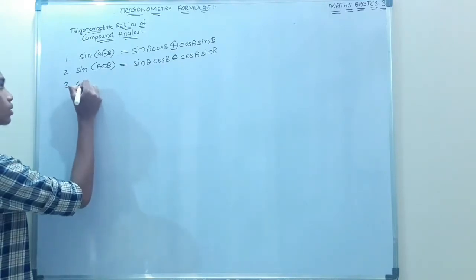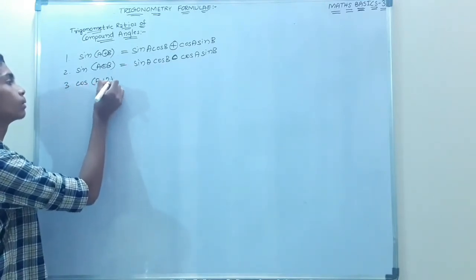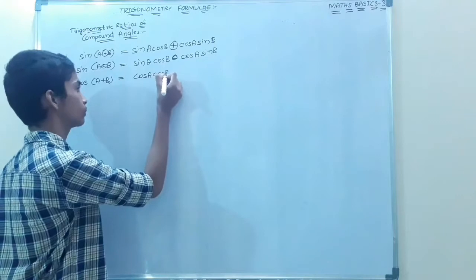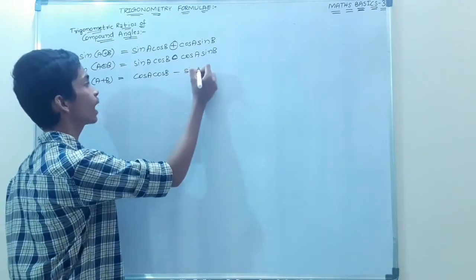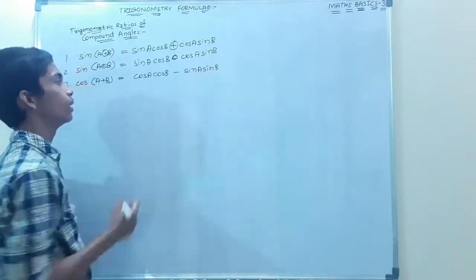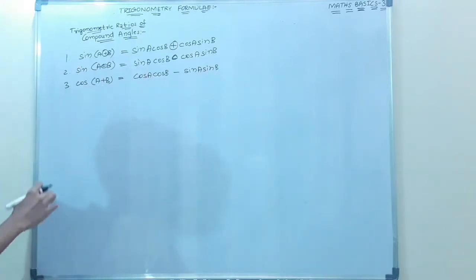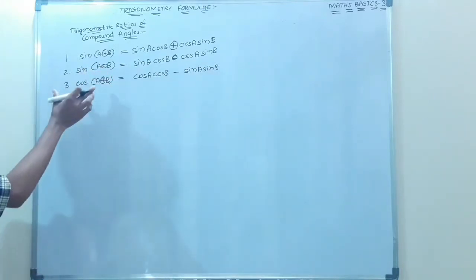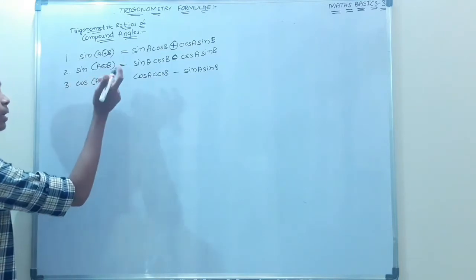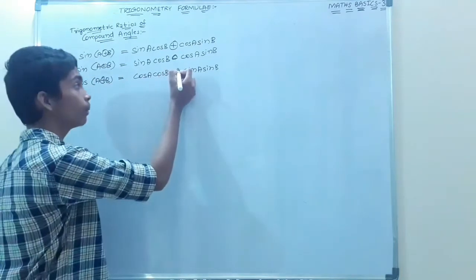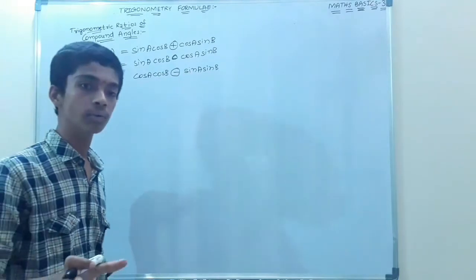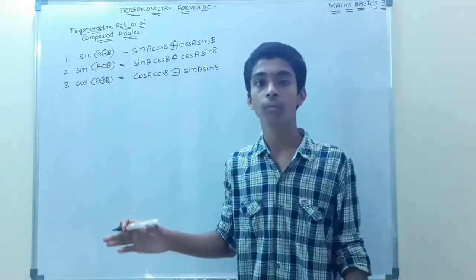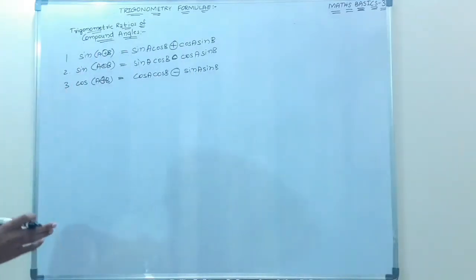And the third one is cos A plus B, which is cos A cos B minus sine A sine B. We have cos on one side and sine on the other side. If we have plus in the middle when coming to cos A plus B, we can remember it as minus, and this is only for remembrance purposes. For proofs, we will do another video separately for learning all the proofs.